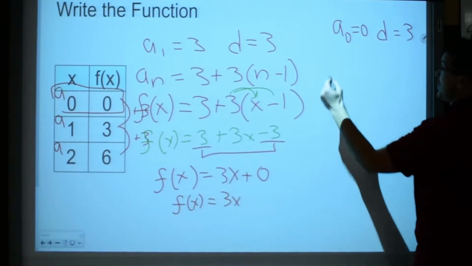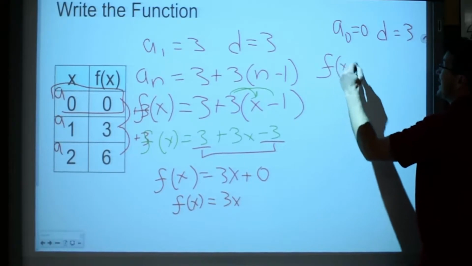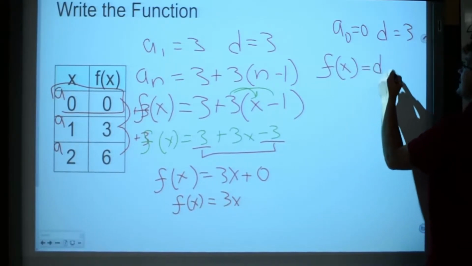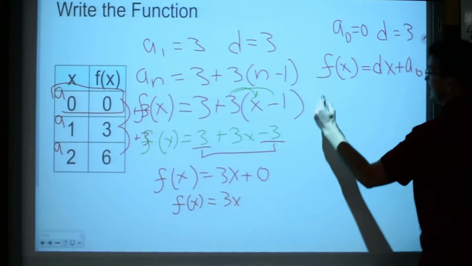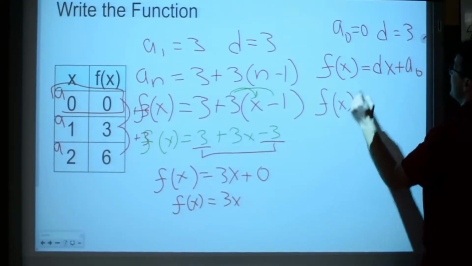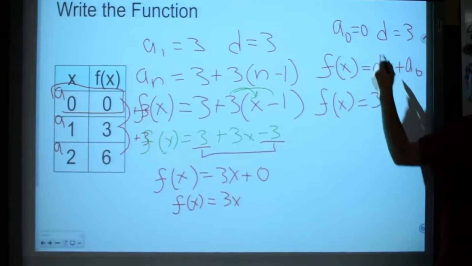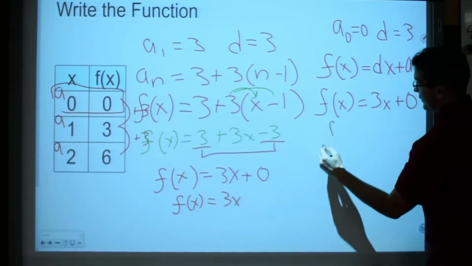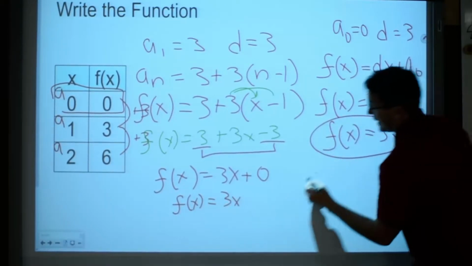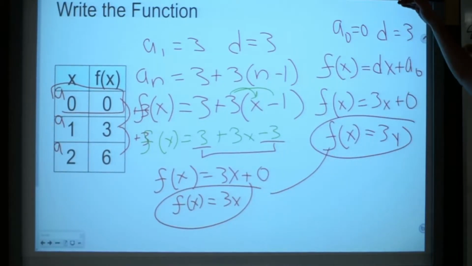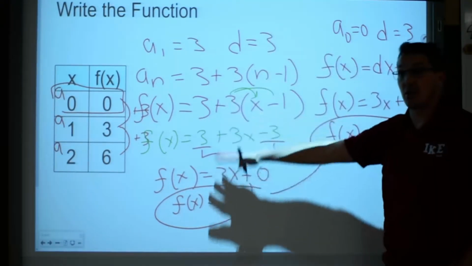And then I just do f of x equals the difference times x plus a sub 0. Well, look at this. f of x equals 3x plus 0, or just f of x equals 3x. Both give me the same answer, and one gives me literally half the work. So I recommend this one, but you can always get to it this way if you struggle.